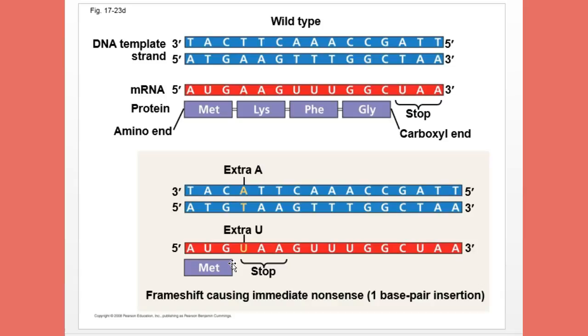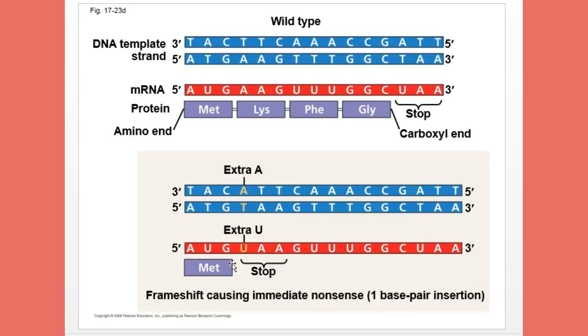Frameshift is the insertion or deletion of nucleotides that alter the reading frame. And so your triplet grouping has been changed. This occurs whenever the number of nucleotides inserted or deleted is not a multiple of 3.